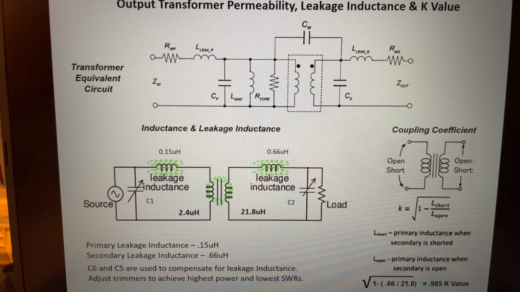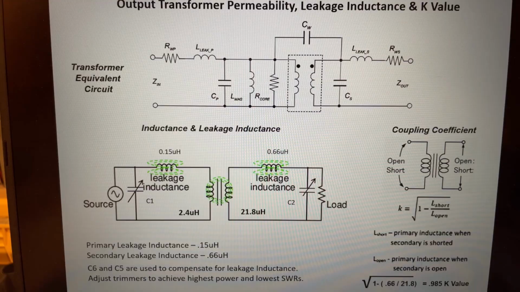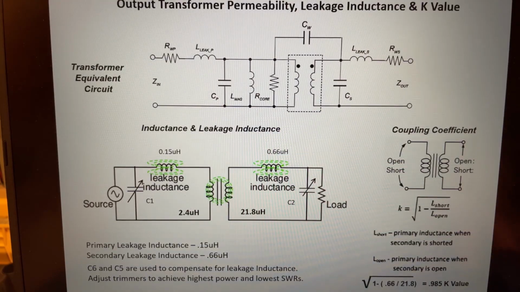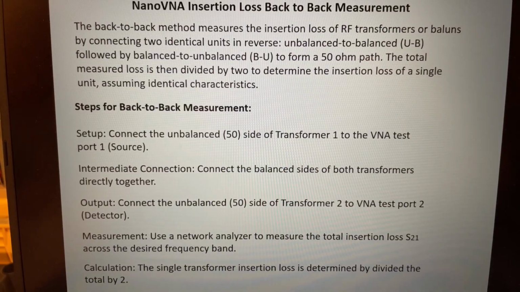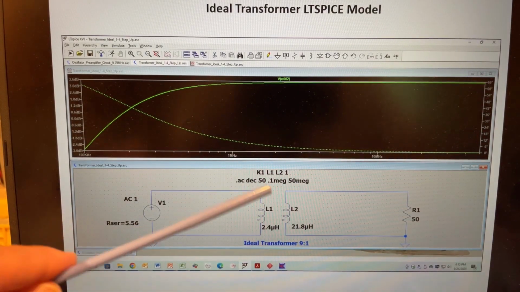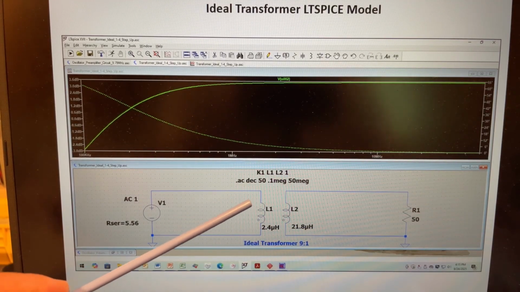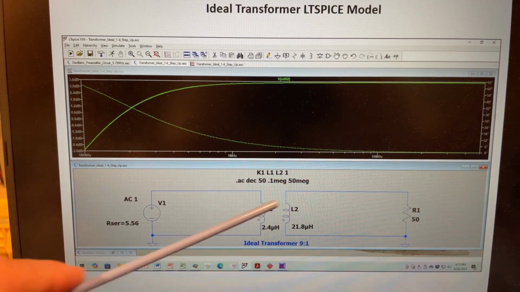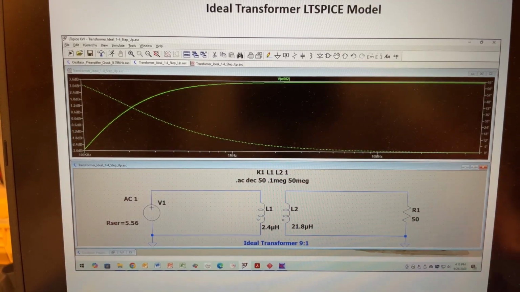If we see the ideal transformer, let me just scroll down to my LTspice slide. This is an ideal transformer. In the perfect world, we just have a primary and secondary, and there's no parasitics at all.